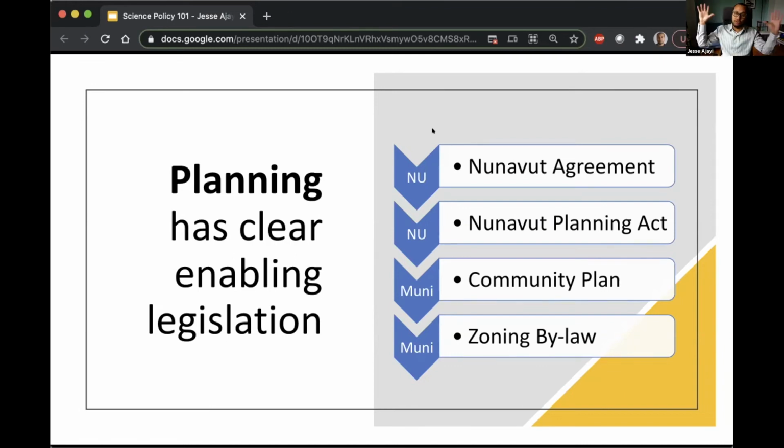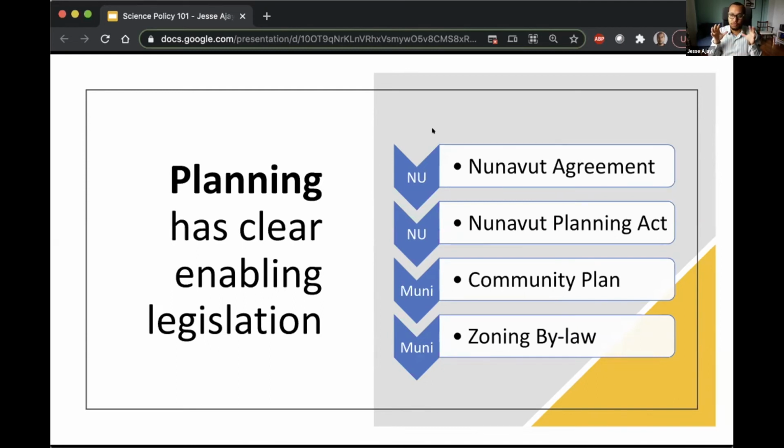So the big Nunavut Agreement says this is what municipal land is. The Territorial Act says municipalities have the authority to regulate land use for municipal land and administer municipal land. And then to create your own municipal bylaws, which allow you to develop specific rules that are localized to your context for development on those lands.